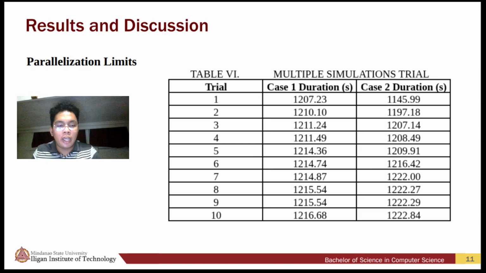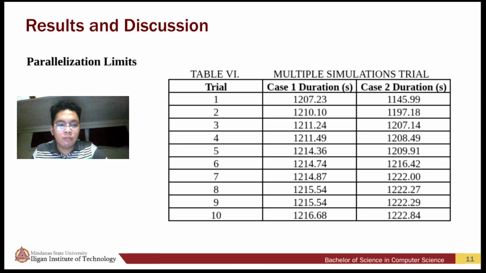I've run two cases. The first one is the constant amount of processes, and the second one is the variable amount of processes. For the first, I've run 10 trials here.